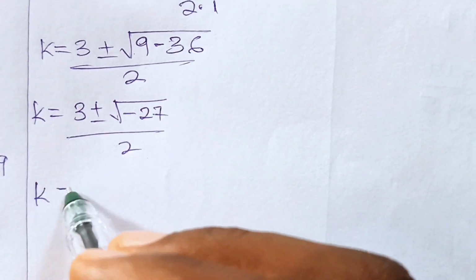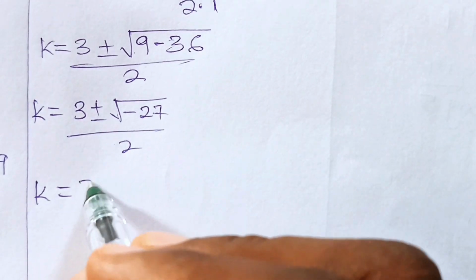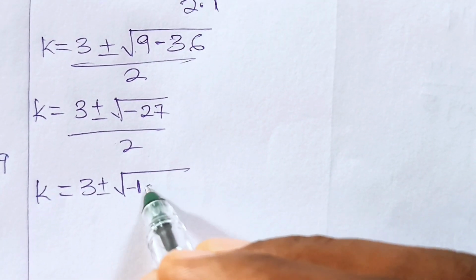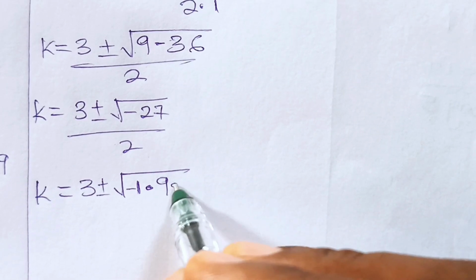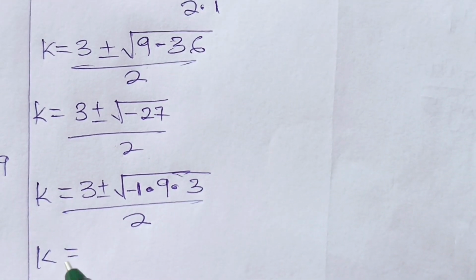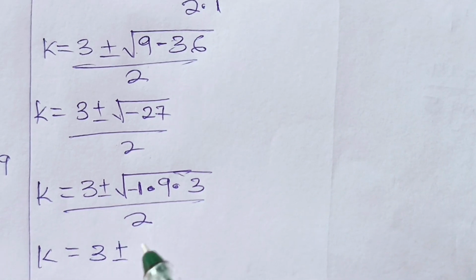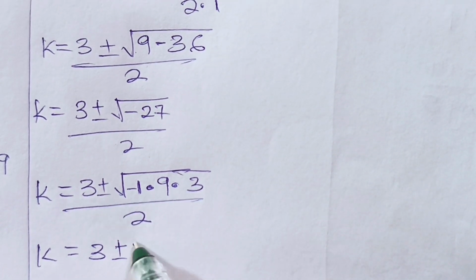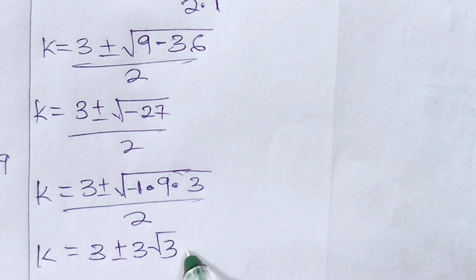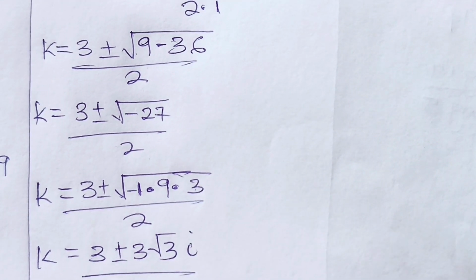So we can see that k is equal to 3 plus or minus the square root of minus 1 multiplied by 9 multiplied by 3 divided by 2. So k is equal to 3 plus or minus square root of 9 will give us 3, root 3. Then square root of minus 1 is i, divided by 2.